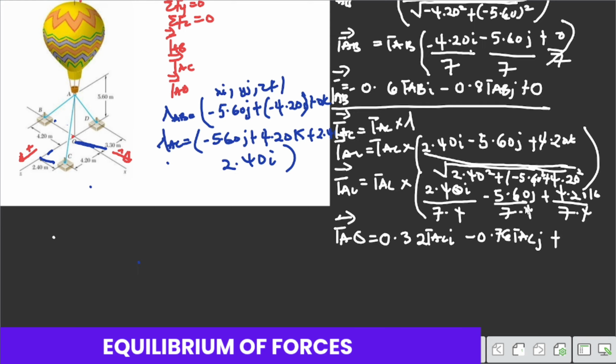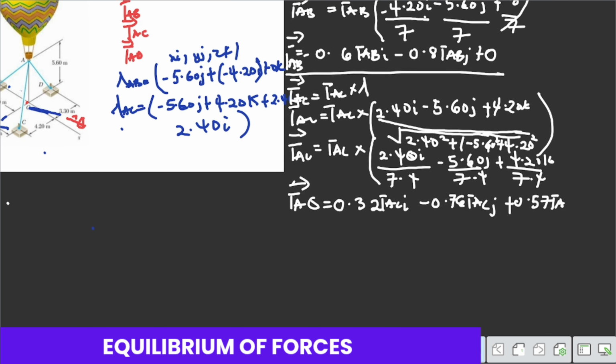And lastly, plus multiplying the TAC by the 4.20K on 7.4, we're going to have 0.567. So one decimal place, 0.57 TACK. So that's how it's going to be.